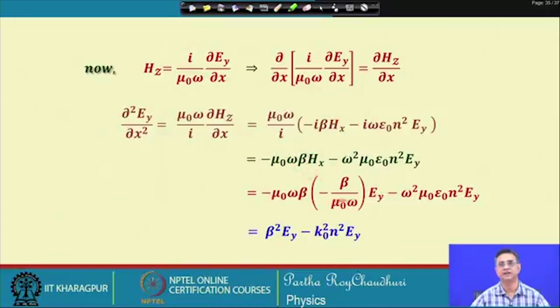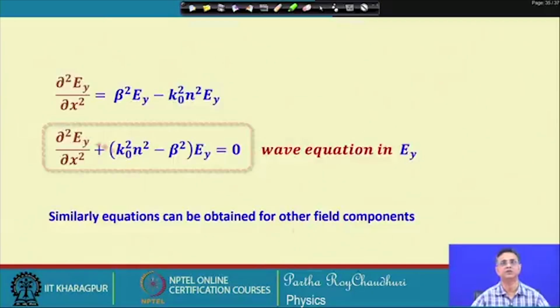So, the entire expression is now in terms of Ui, and you have Ui on the left hand side. So, this gives you an expression which is completely dependent on Ui, and that forms the wave equation for the Ui component of the electric field.